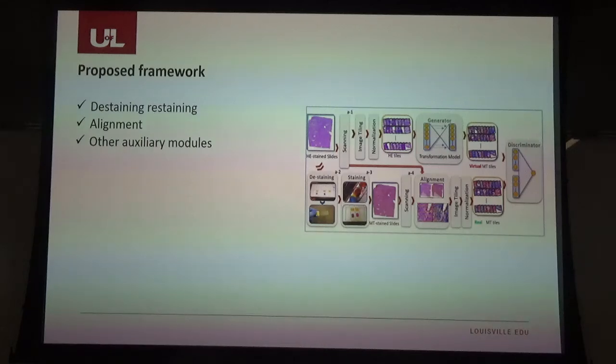After that, we take the physical slide and apply a specially designed de-staining methodology, designed at the Department of Pathology here, and we can gently remove the H&E stain from the tissue.